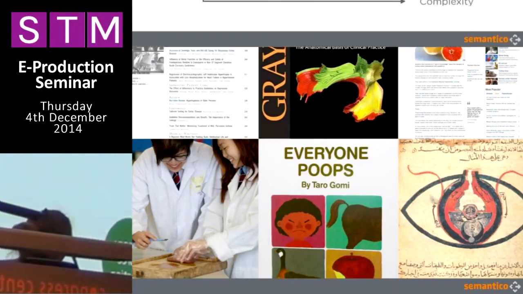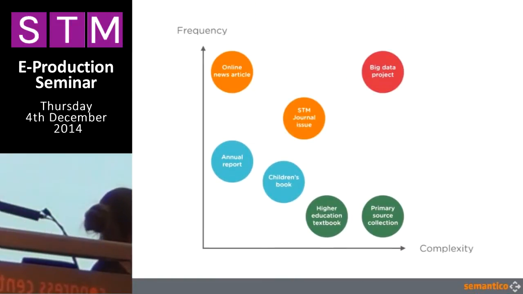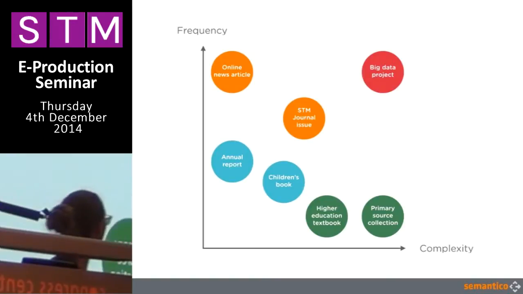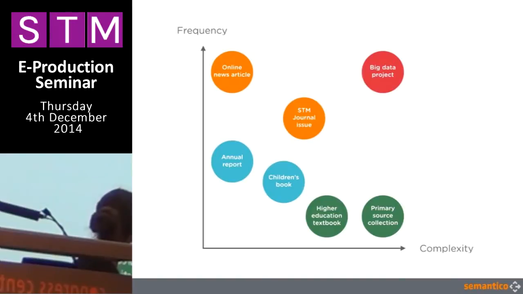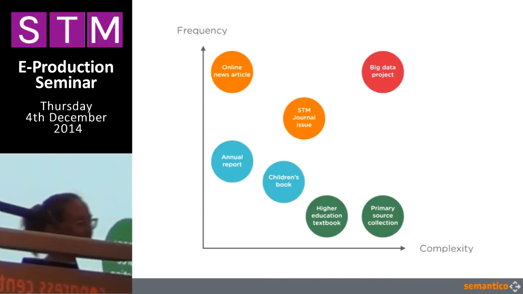So on this slide, I've rather arbitrarily plotted a few different types of content that I come across in my practice and that we deal with in the publishing sector. And I've plotted them in terms of how frequently they're produced and how complex they are. So right up here, we've got things like big data projects, which might happen in real time, and they're hugely complex.